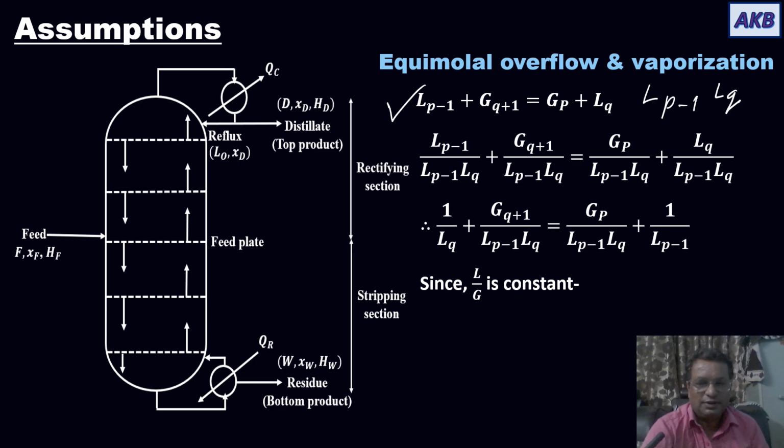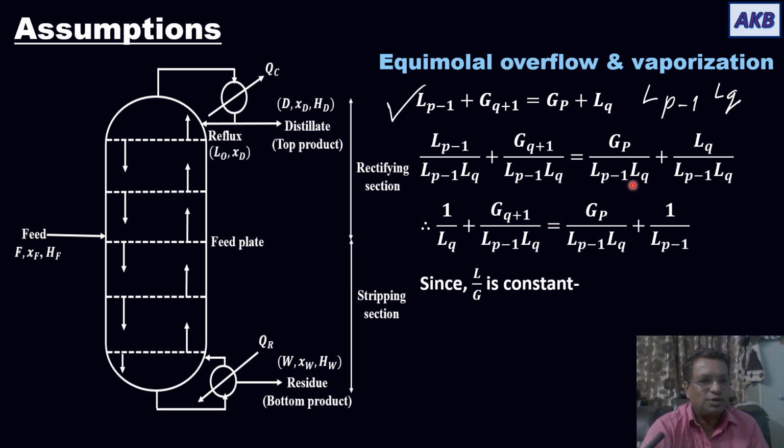So you have LP minus 1 upon LP minus 1 into LQ plus GQ plus 1 divided by LP minus 1 into LQ, that is equal to GP upon LP minus 1 into LQ plus LQ upon LP minus 1 into LQ. So in the first term, LP minus 1 is going to get cancelled out and we will be left with 1 upon LQ. Nothing is going to happen with this term.